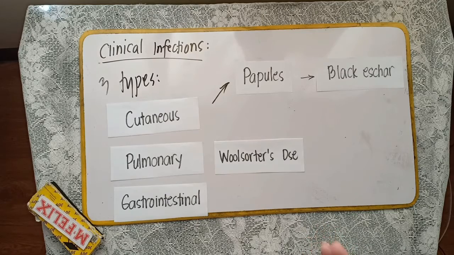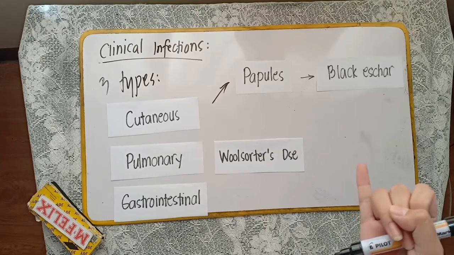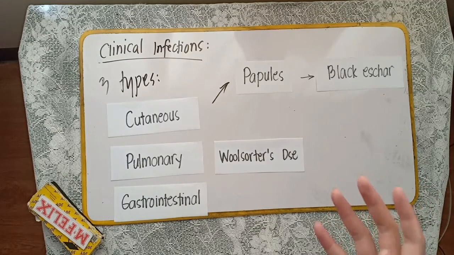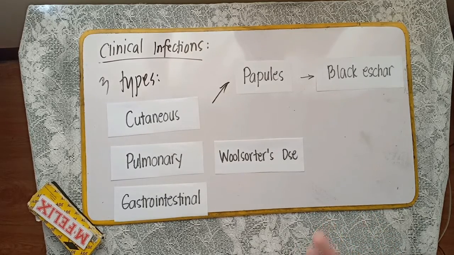The manifestations of wool sorter's disease resemble an upper respiratory tract infection. Symptoms include mild fever, fatigue, malaise, and dyspnea, or difficulty of breathing. This disease can actually progress to chest edema, cyanosis, coma, and eventually death of the person.